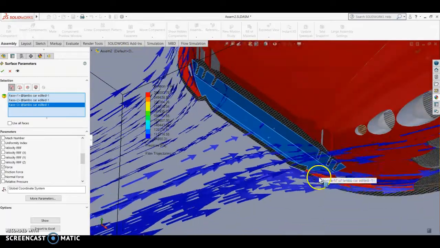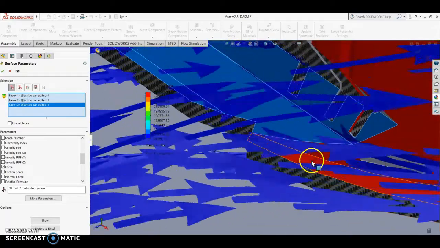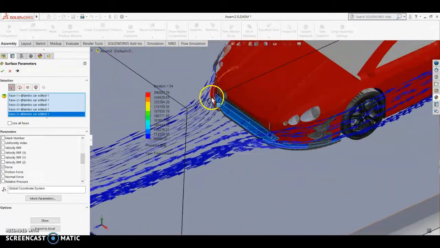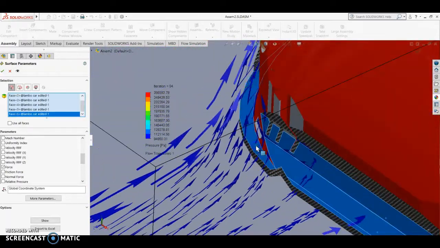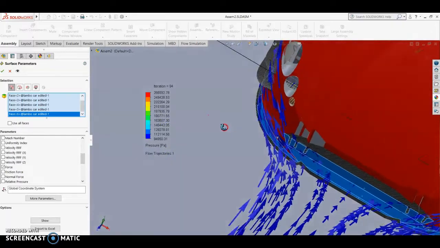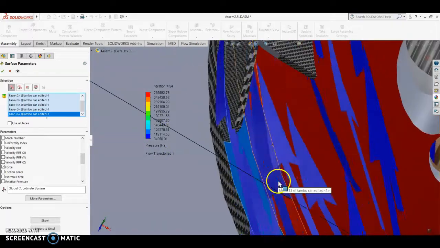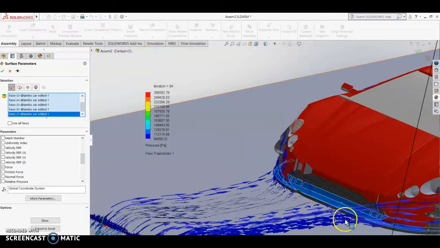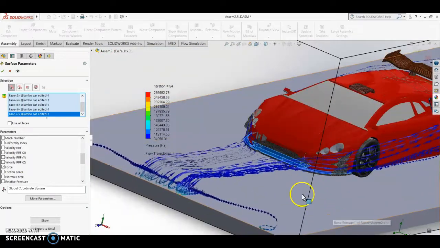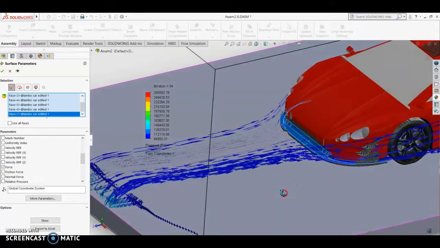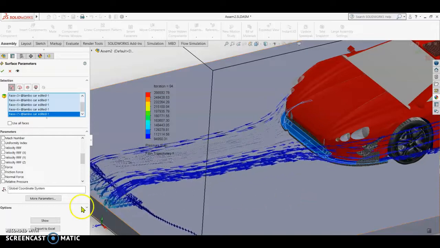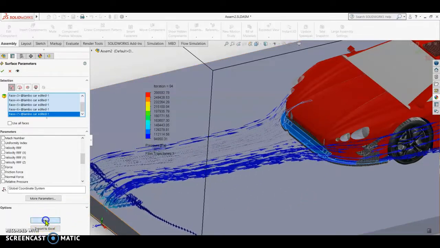Of course, we cannot really determine the exact value of the downforce on the splitter because the surface area that we can select is very limited. We cannot select the entire floor. All right, so this is the area that is being pressed by the air on the splitter. So how much force we can determine here.